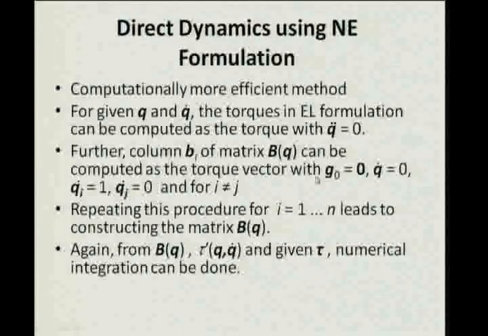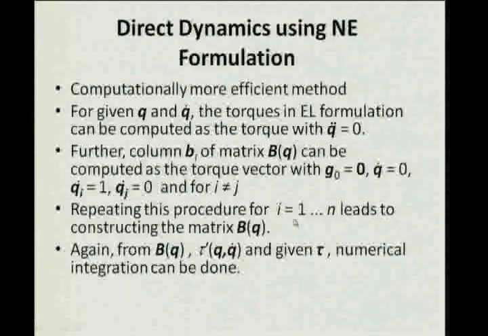So, if you take g0 equal to 0, q dot equal to 0, qi dot equal to 1 and qj dot equal to 0, and you repeat this for i not equal to j, then you can find the full column Bi of the matrix Bq.